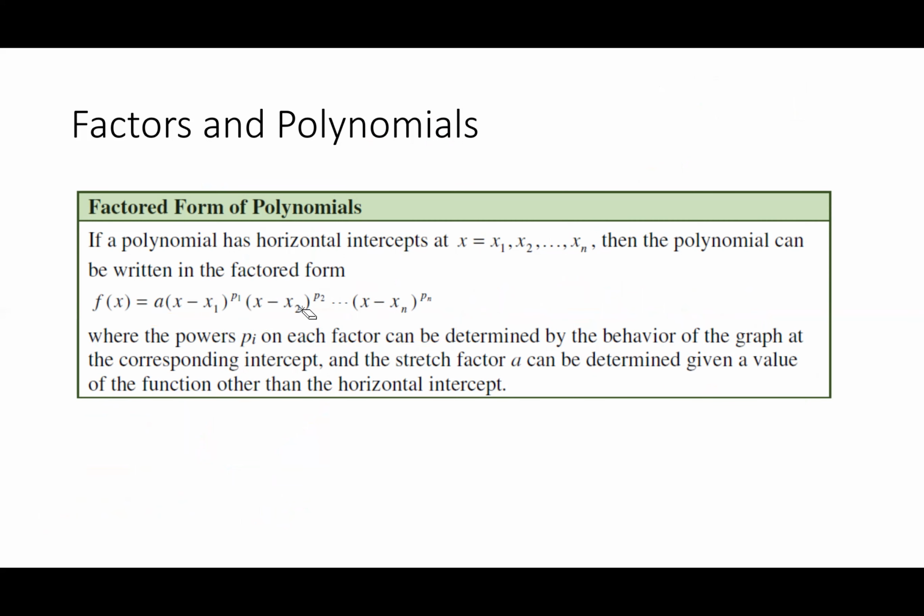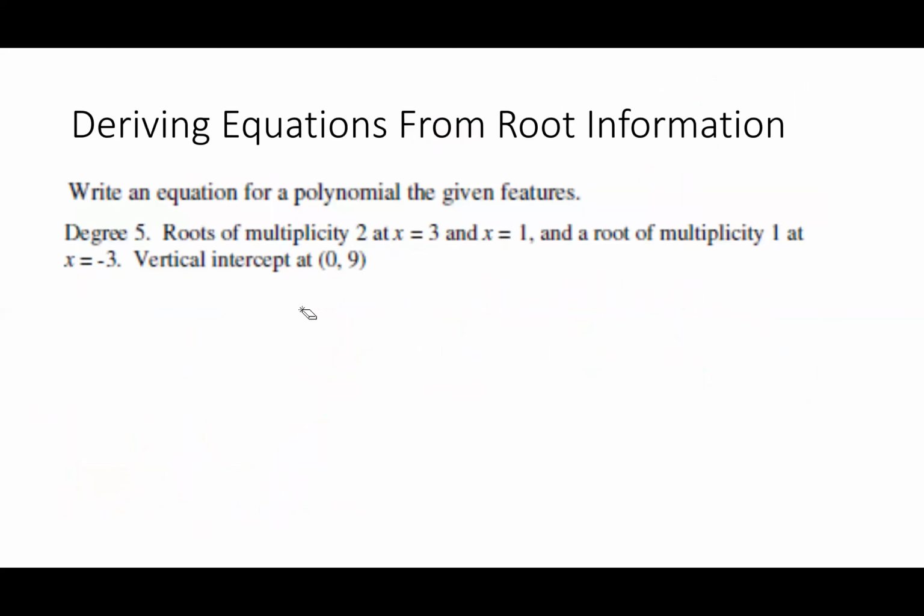Okay, so let's write an equation for a polynomial given these features. Go ahead and pause the video and try this on your own. Okay, so we want to write a polynomial. If you notice, we're saying a polynomial, right?